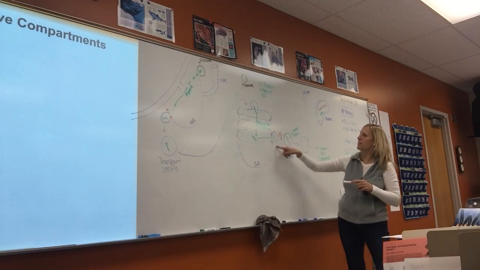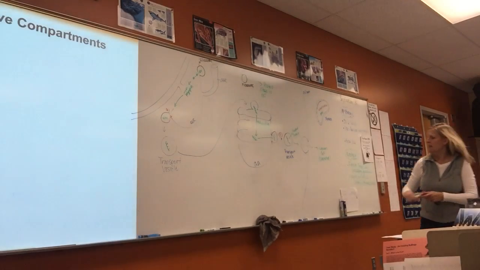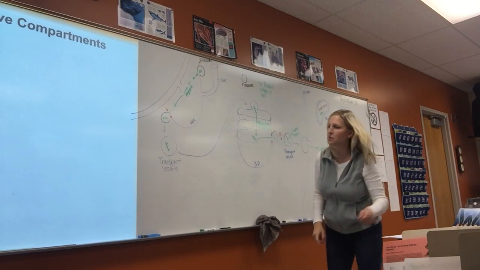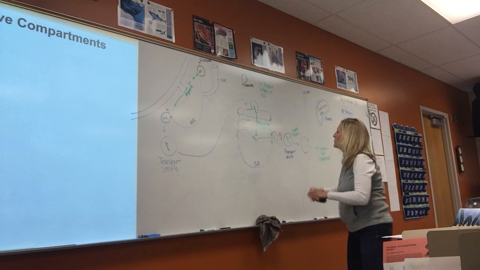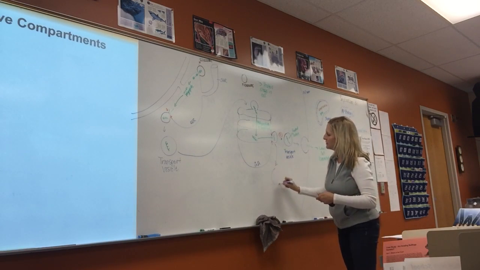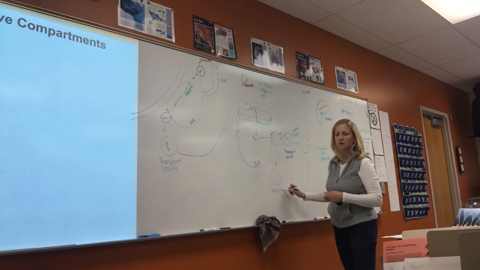There's another pathway that you can go, and that is that instead of it becoming a transport vesicle that fuses with the cell membrane, I'm going to put an arrow down here, this can become a lysosome. Did I draw this yesterday for you? No. Okay.